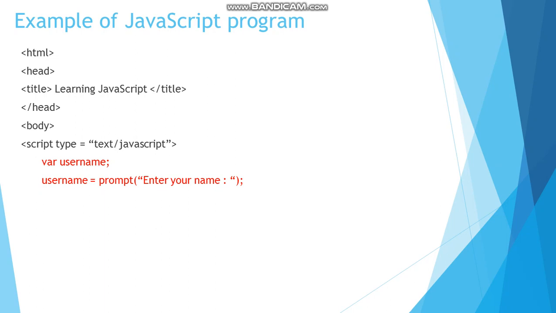Another statement we are giving, that is username is equal to prompt("Enter your name"). Now here username is a variable, whereas prompt is a ready-made function. The prompt function is used to accept something from the keyboard and store it inside a variable. So whatever we type, it will get stored in the username variable. Then document.write("Hello " + username + " welcome to JavaScript") is given.